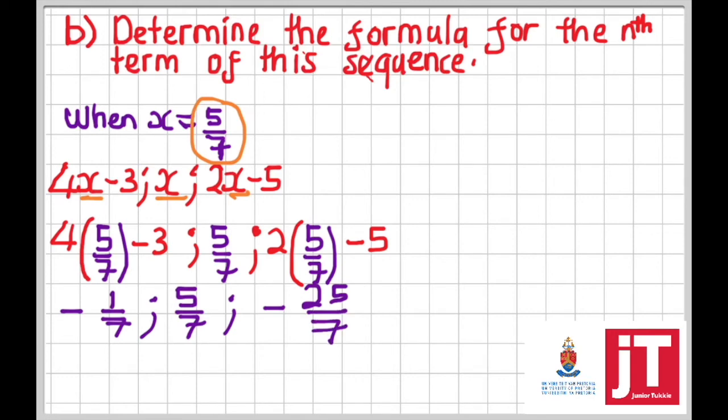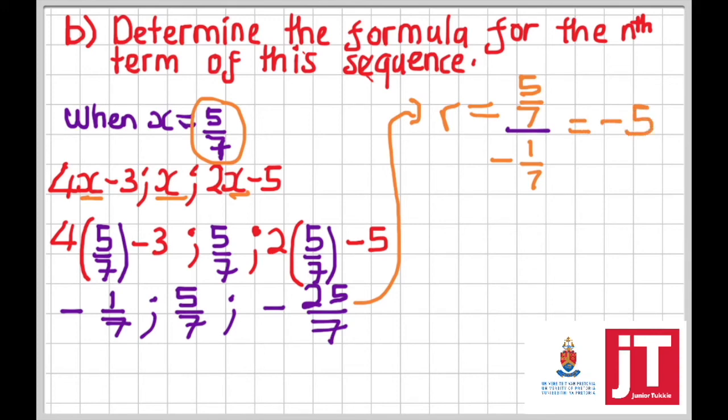From these three terms, we need to find the common ratio. So I'm going to say T2 over T1, which is the formula for the common ratio. So it's 5 over 7 over negative 1 over 7. That gives me negative 5. So my common ratio is negative 5. But we move on to the general formula now.